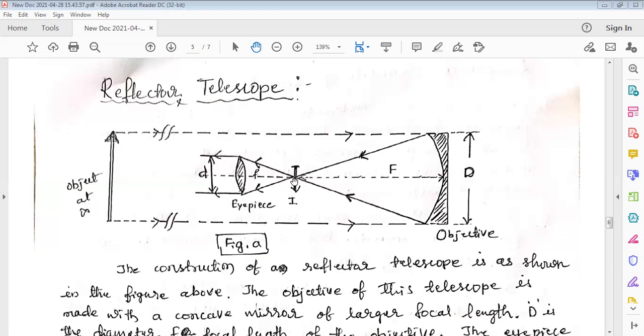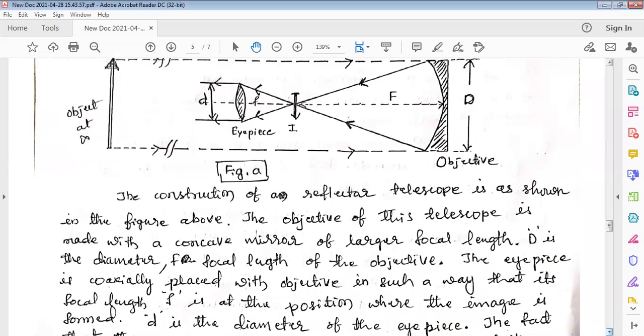The image formed by the concave mirror now acts as an object for this eyepiece, and the rays from this image reach the eyepiece, and the image is seen behind the eyepiece. Small d is the diameter of the eyepiece, and small f is the focal length of the eyepiece, from here to here. So this is the simple construction of the reflector telescope, and this is figure A.